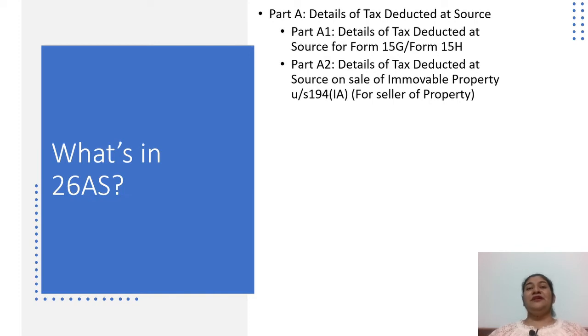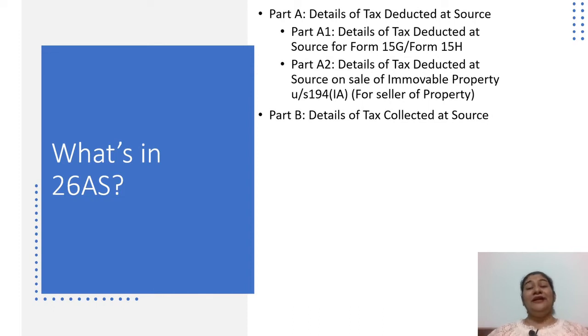This is basically for the seller of property. So if you are the seller of property and your buyer, while paying you the amount, has deducted the tax, the details of those taxes, that is the deductor's name, TAN, and the amount of tax deduction, will be reflected in Part A2.